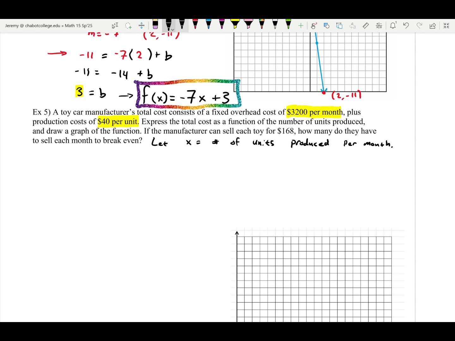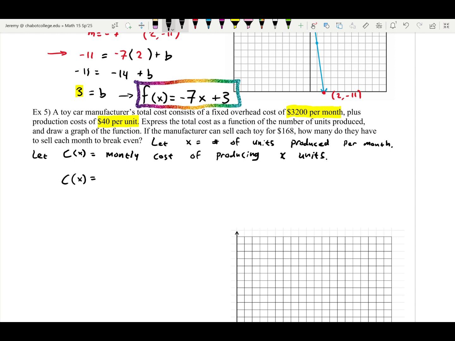And we could also define the function itself because we're trying to come up with a cost function. So let's also let c(x) be equal to the monthly cost of producing x units.